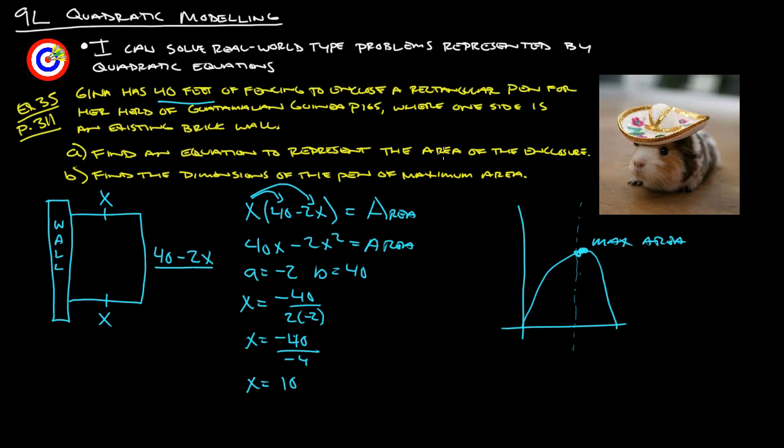Here's our equation that represents our area. This is part A. And then part B: find the dimensions of the pen for the maximum area. So if these are 10, we'll do 40 minus 2 times 10, which is 40 minus 20, which is going to leave us with 20.